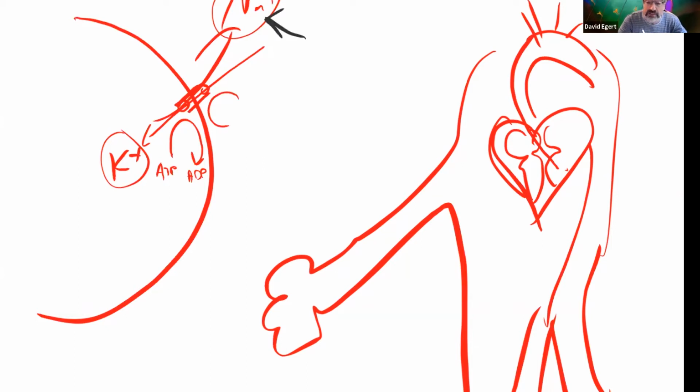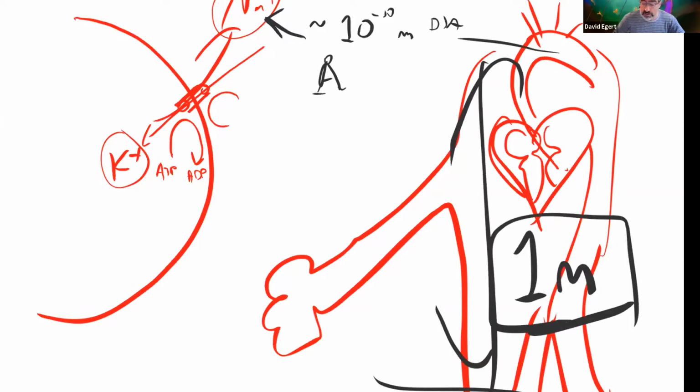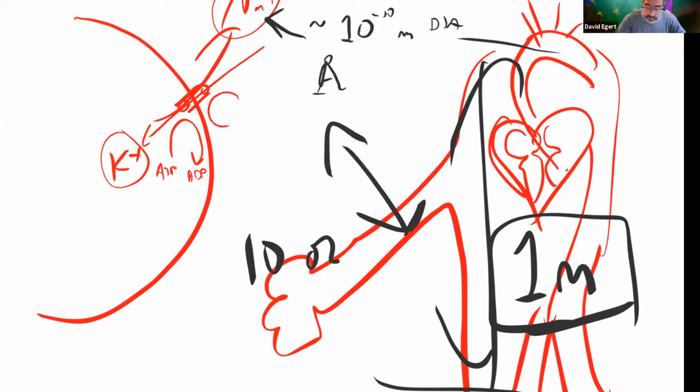If we look at the size of an atom, it is somewhere around 10 to the minus 10th meters in diameter, which is also called 1 angstrom. Whereas when we're talking about an entire person, we're talking about 1 meter. So this is like 10 orders of magnitude difference here.